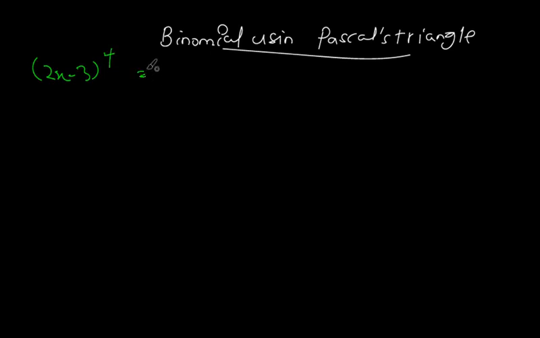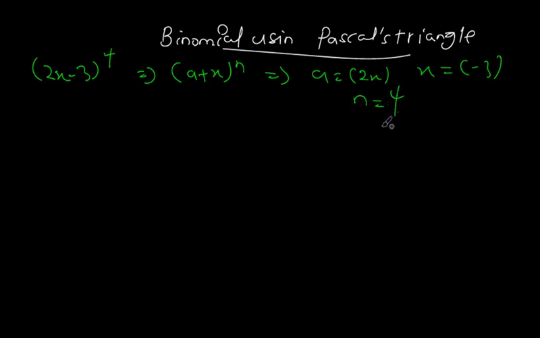Comparing this with the general form a plus x raised to the power n, we can see our a is 2x, our x is equal to negative 3, and our n is 4. If you remember the coefficients of Pascal's triangle with the power 4, we will be having 1 4 6 4 1.